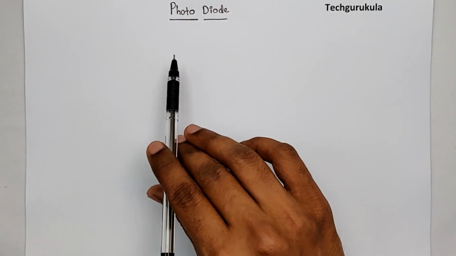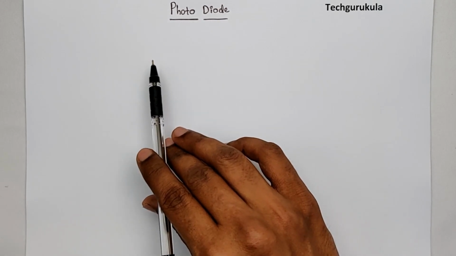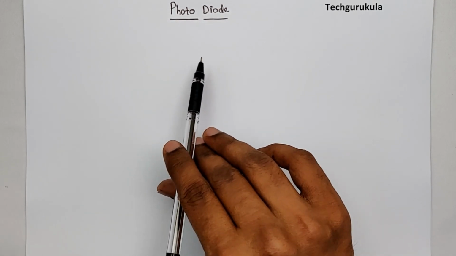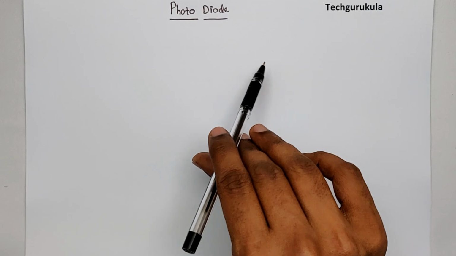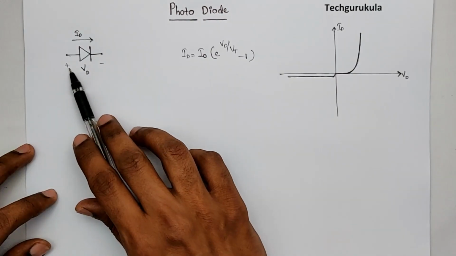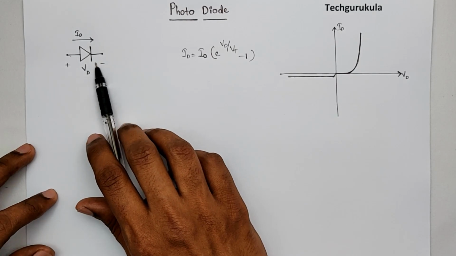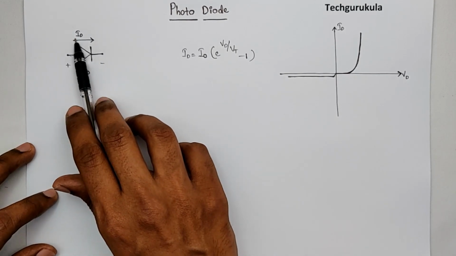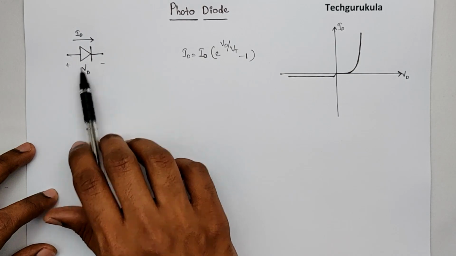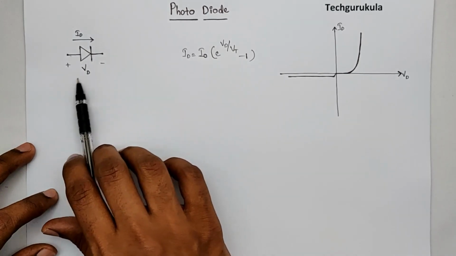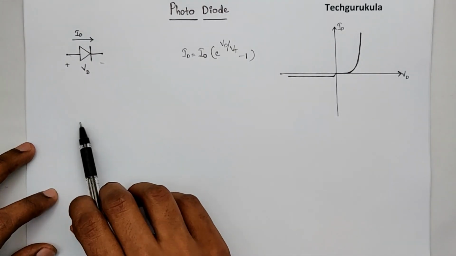So to start with, let me take a normal PN junction diode, its current equation and its IV characteristics as reference. Here I have taken the normal PN junction diode circuit symbol for simplicity, where I have shown the reference current direction of the diode and the reference potential across the diode, VD.